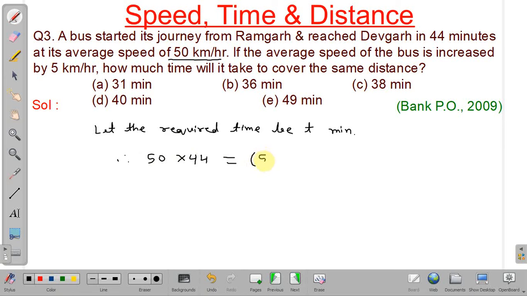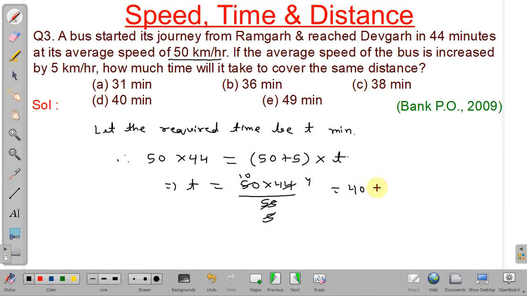So it is 50 plus 5, this will be increased speed into required time t. So our answer will be in minutes. So t will be equal to 50 into 44 divided by 55. Okay, 5, 4 and 10. So we will get 40 minutes. So our answer will be option number D. We will discuss next problem.